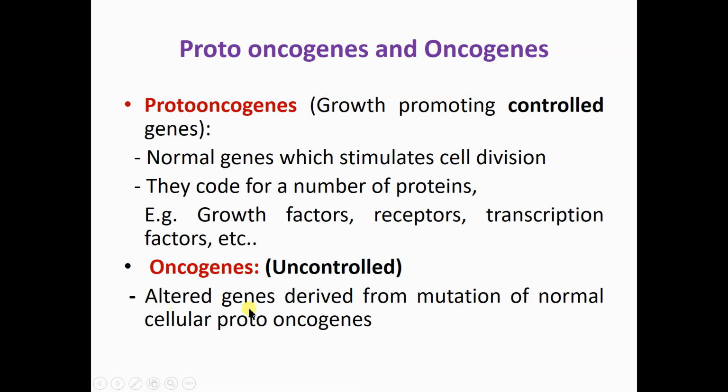These oncogenes are altered genes derived from the mutation of normal cellular proto-oncogenes. Proto-oncogenes are normally controlled by our genetic material, but once they become mutated, that control is removed. So these are uncontrolled genes. The activity of these uncontrolled genes, the oncogenes, leads to the production of the transformed cell from the normal cell.